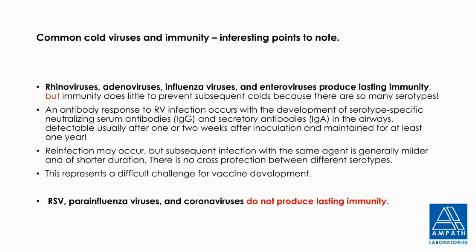So on the point of immunity, the interesting thing is that your rhinoviruses, your influenza viruses, your adeno and enteroviruses tend to produce lasting immunity. But the immunity does little to prevent subsequent colds or infections because, as I mentioned, you have so many serotypes.